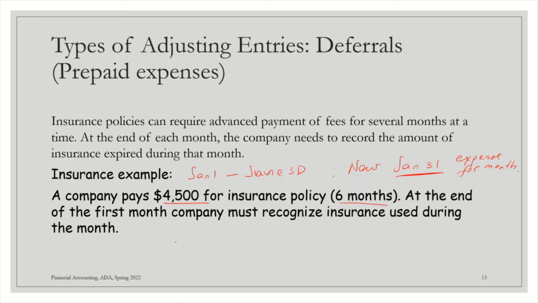We get 1 month's worth of insurance, and we make a record into the insurance expense account, X amount, and then the other account will be prepaid insurance, which will get reduced through the credit side. So these will be the entries that you will have to make.